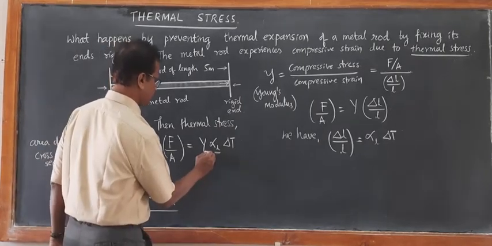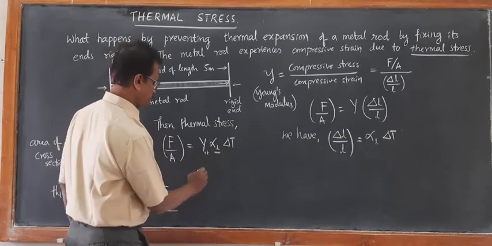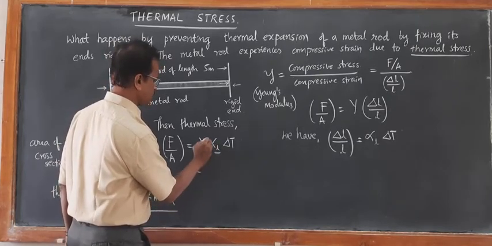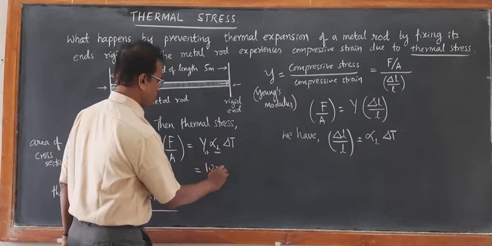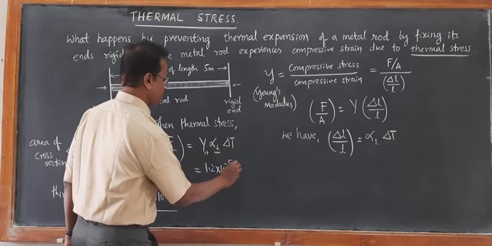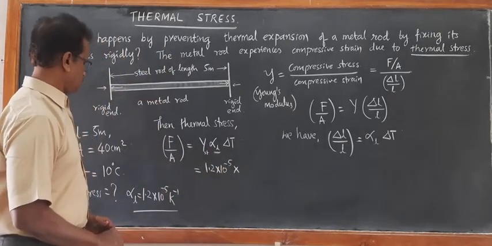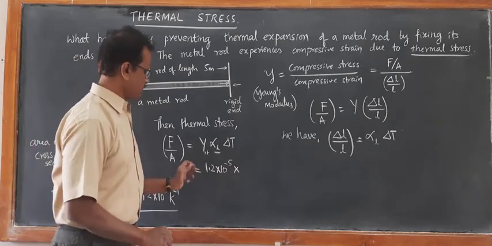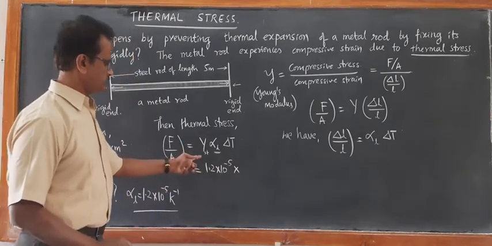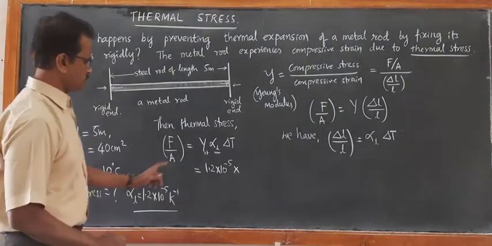So here Y becomes Y steel and alpha L is that of steel. So we can directly substitute. Alpha L is 1.2 into 10 raised to minus 5. So we have to find out what is the Young's modulus of steel.